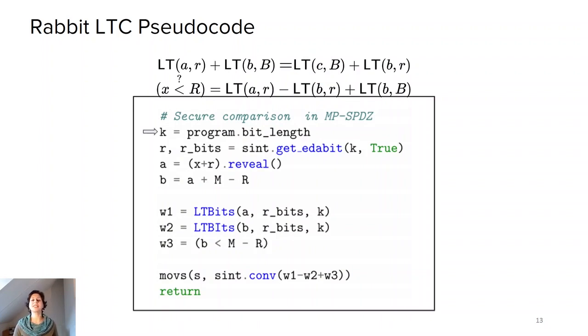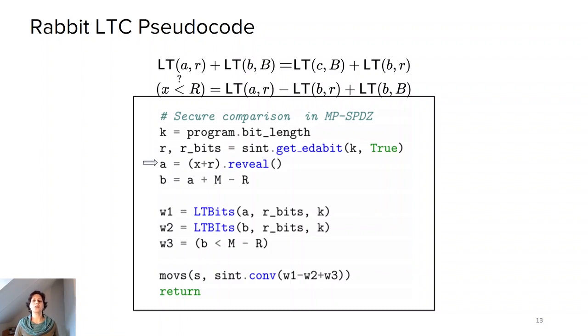So first we initialize the bit length of our program, and then we continue by generating an edabit R. As Samir explained before, an edabit is a random value that lives in 2 different spaces at the same time: we have the arithmetic sharing of the value r, and we also have the sharings of the bit decomposed version of the r shared amongst our protocol participants.